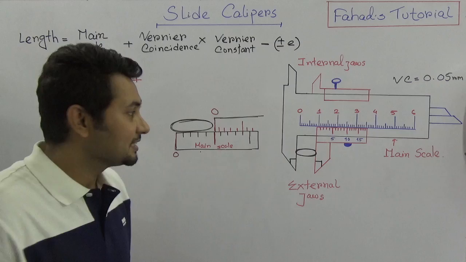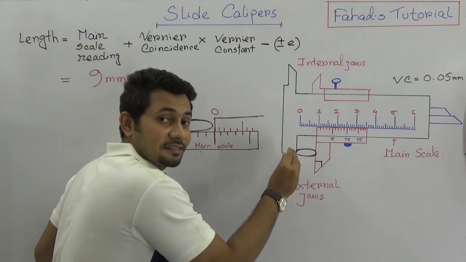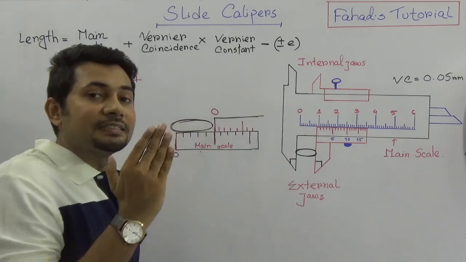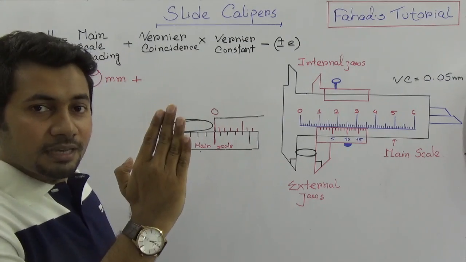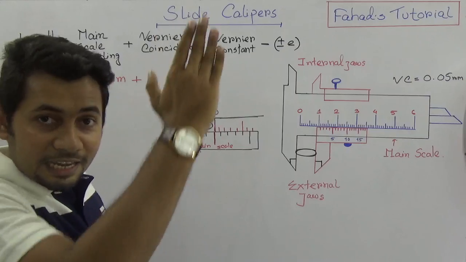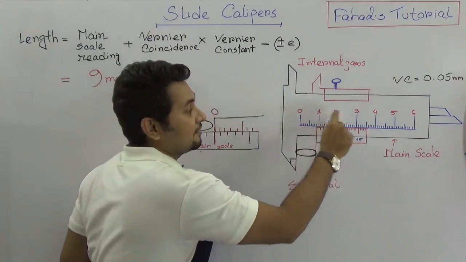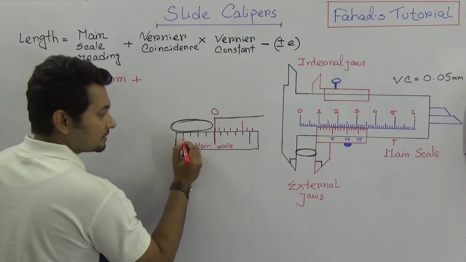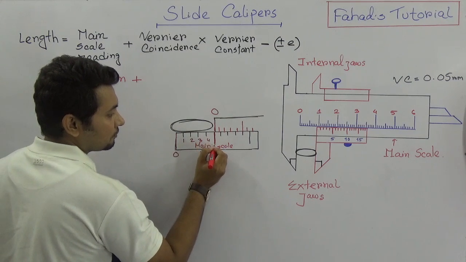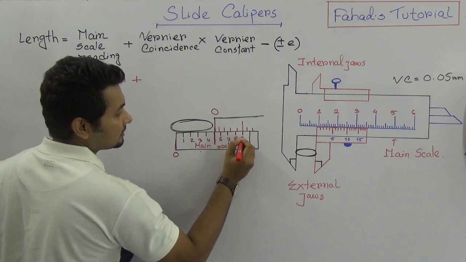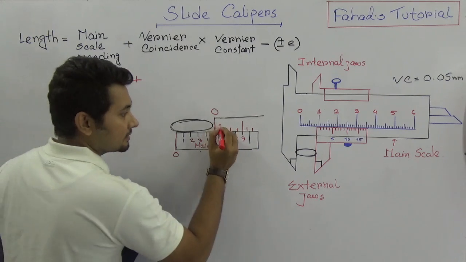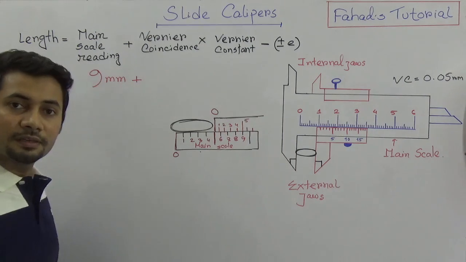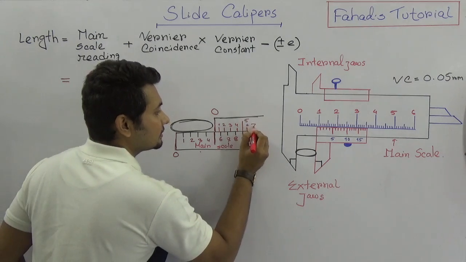Okay, now you find the Vernier coincidence. What is the Vernier coincidence? When we place something between the two external jaws, we need to find which mark has the right vertical alignment with a single line of the main scale. Here on the main scale it is 1, 2, 3, 4, 5, 6, 7, 8, 9, and on the Vernier scale 1, 2, 3, 4, 5, 6, 7.